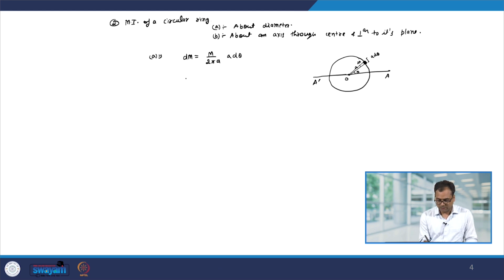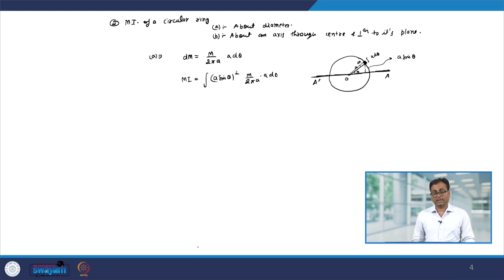Now, the moment of inertia will be integral r square dm. So, we want to calculate the moment of inertia about this axis. So, we have to see how far this mass is from this axis. Okay. Now, from the geometry you can see that since this length is a, this angle is theta, therefore, this length will be a sin theta. So, we will have a sin theta square dm, where dm is m over 2 pi a into a d theta.